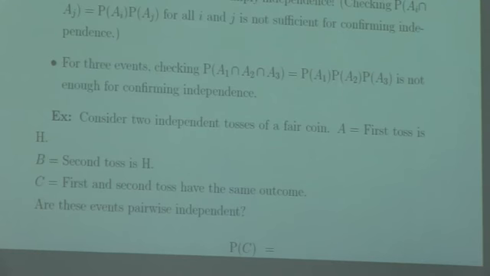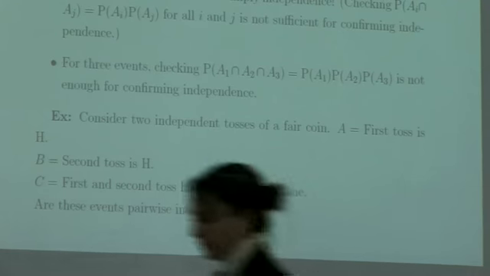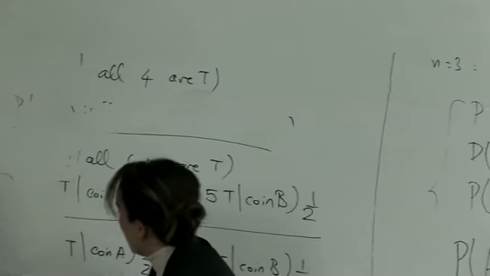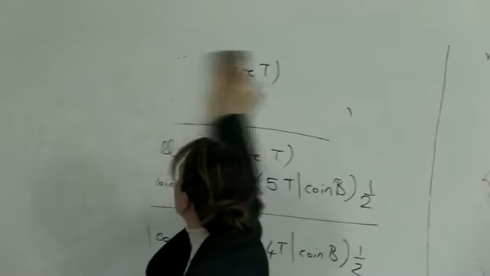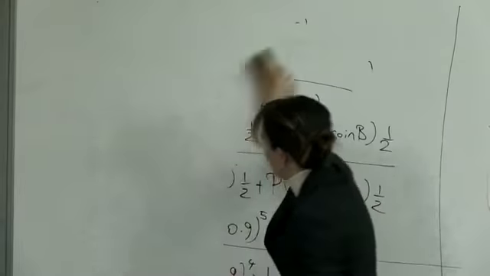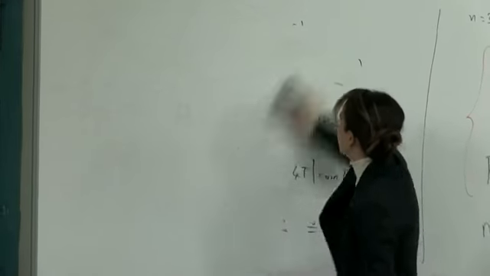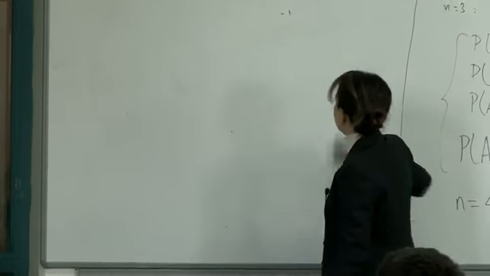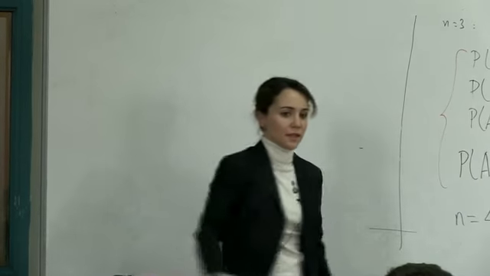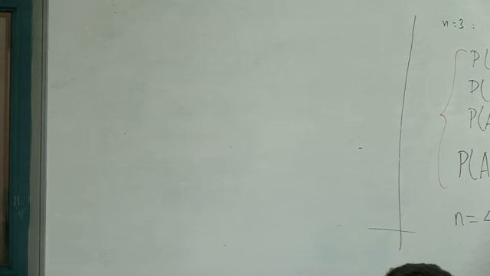Are these events pairwise independent? So first toss resulting in heads and first and second resulting in the same outcome. First of all, A and C, are they independent? Let's check.